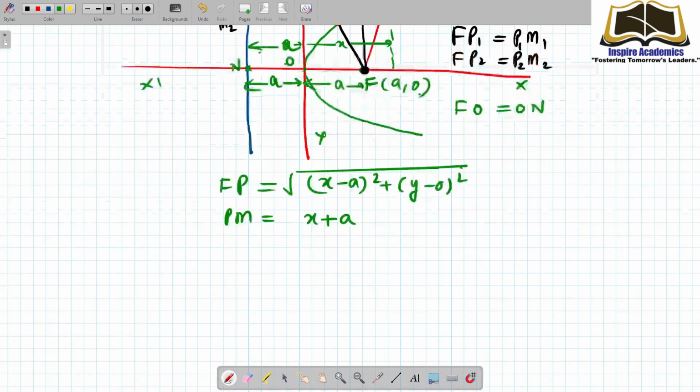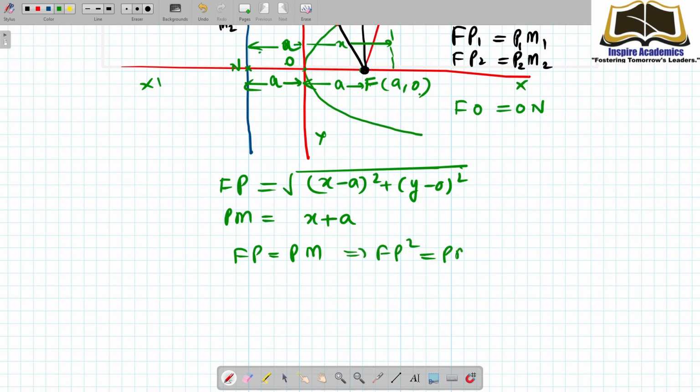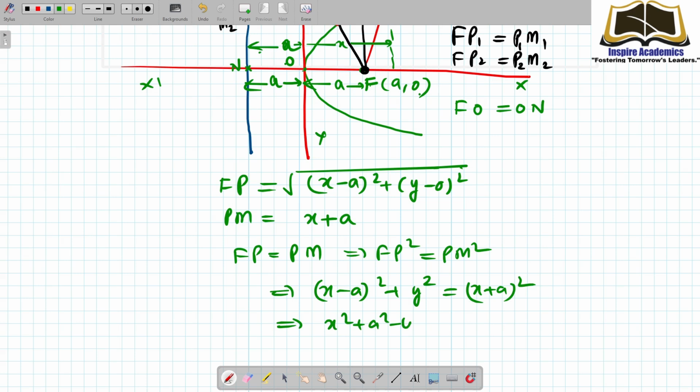Now clearly, as per the definition, FP would be PM. So what we get, which means FP whole square will be PM whole square, which means x minus a whole square plus y square equal to x plus a whole square. So we shall get x square plus a square minus 2ax plus y square equal to x square plus a square plus 2ax.